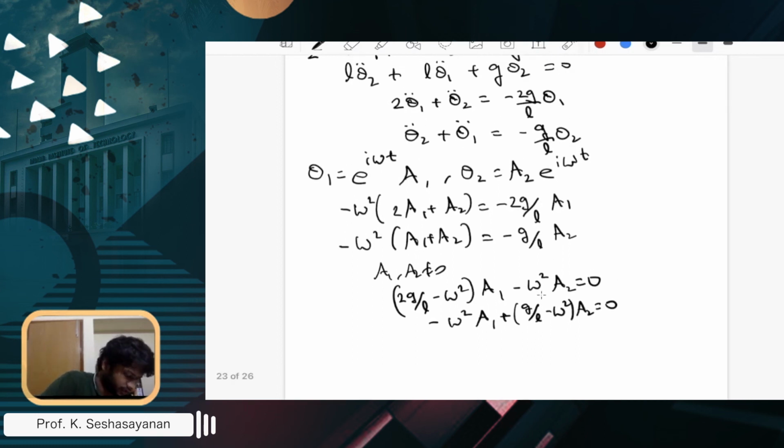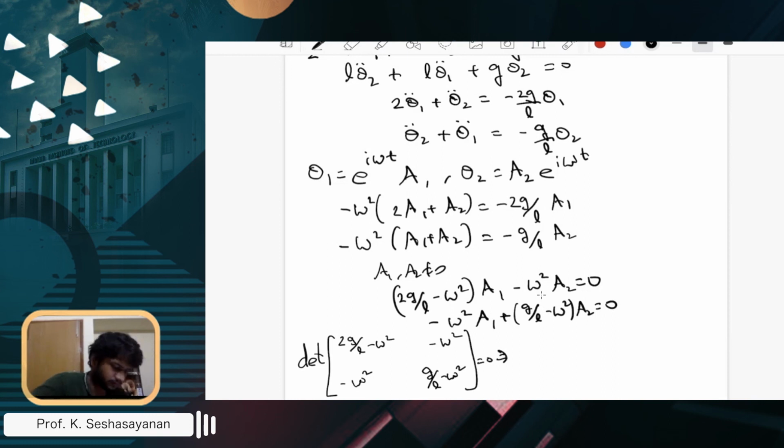So taking the determinant of this matrix gives us the eigenvalues for the system. So this gives minus omega power 4 equal to 0.